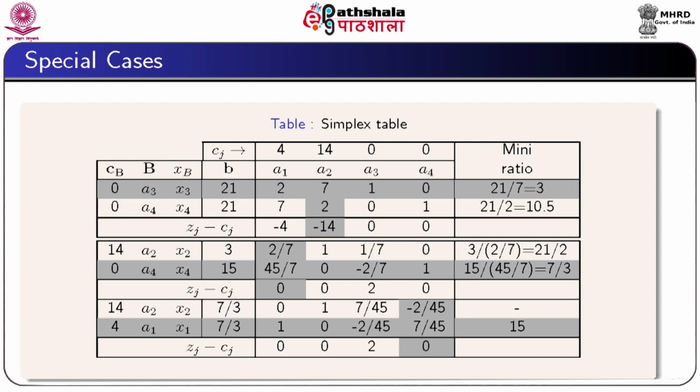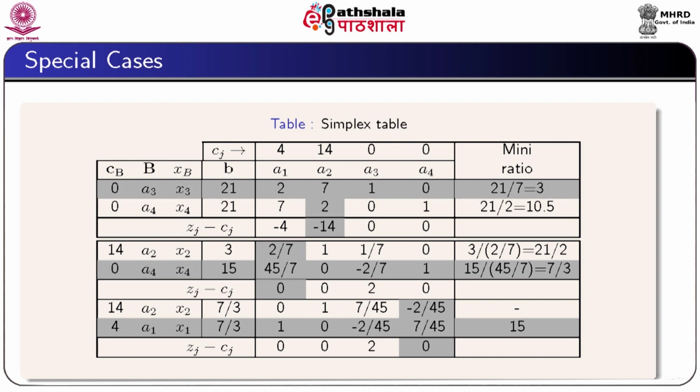However, note that the Zj minus Cj value corresponding to the non-basic variable x1 is 0. This indicates that there is an alternative optimal solution of the problem. Thus, by entering A1 into the basis, we can obtain another optimal solution as x1 equal to 7 by 3 and x2 equal to 7 by 3, and in that case the value of the objective function remains the same at 42.